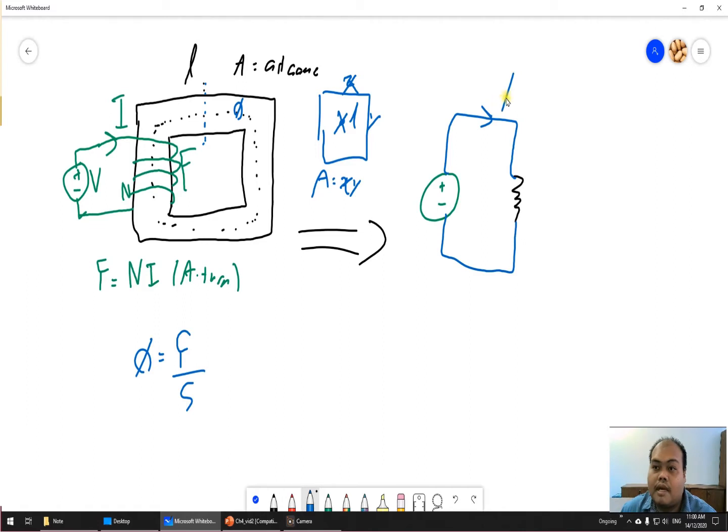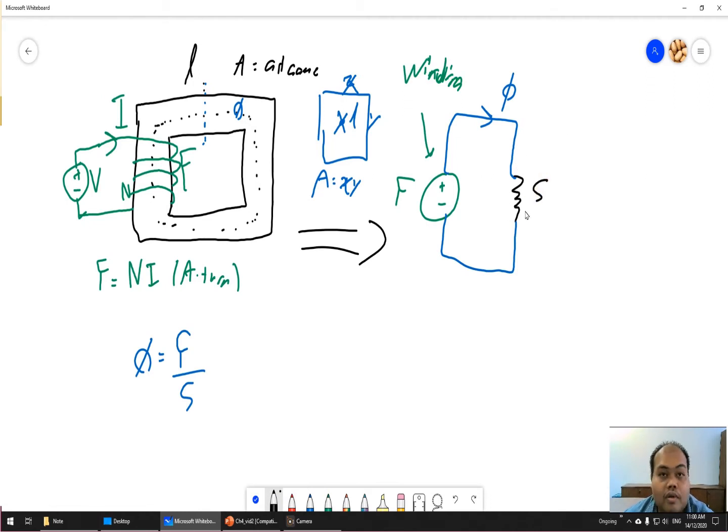This one is the flux, and this one is F. Remember again, F is at the winding, not the voltage source. Please don't forget, it is the winding. And the reluctance is S.